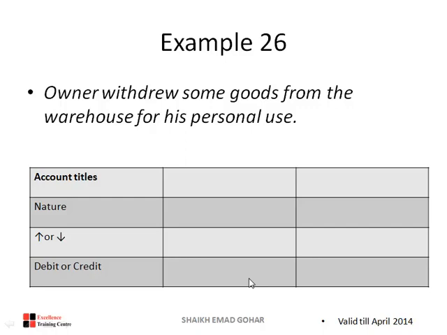Owner withdrew some goods. Now in the above two examples, the owner was withdrawing some cash, either from office or from the bank account. Getting it? But this time he is not in the need of some cash. He wants some goods. Like I gave you this example of Jarir bookstore. For example, the owner has a bookstore.